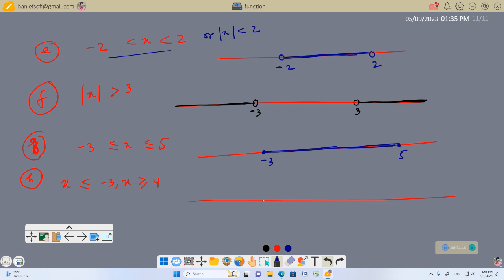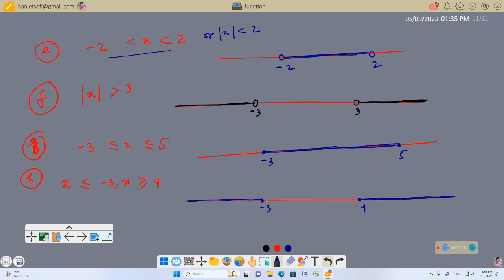That means if this is my minus 3, it is also included, and this is 4, it is also included. So all numbers which are less than minus 3, that is these numbers, and also minus 3 includes in the range, and all the numbers which are to the right of 4 including 4 comprise my range, right?